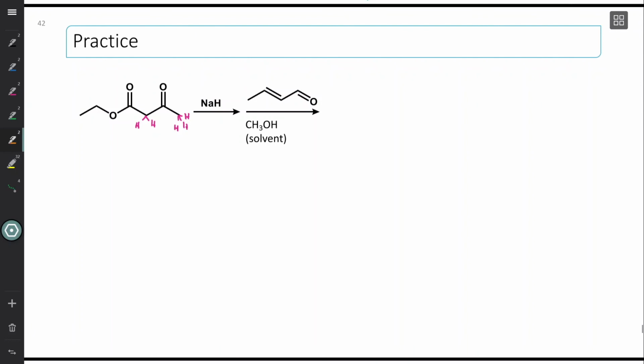But these are the more acidic hydrogens, right? So this is definitely where our enolate will be formed. Let's make it. And it will attack here, right?